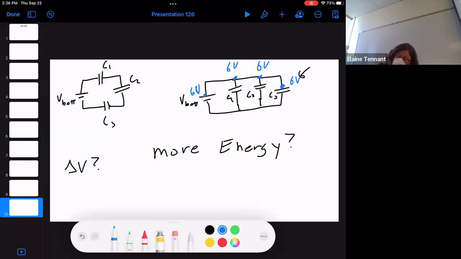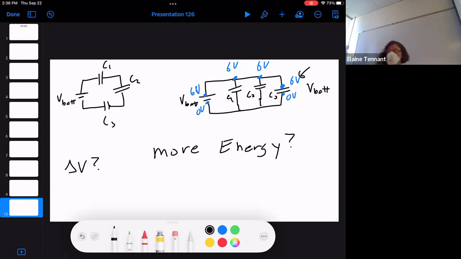And across the bottom, so what's the potential difference across that capacitor? 6 volts, same as the voltage across the battery, right? Yeah, so on these parallel lines, every potential difference is the same as the battery.